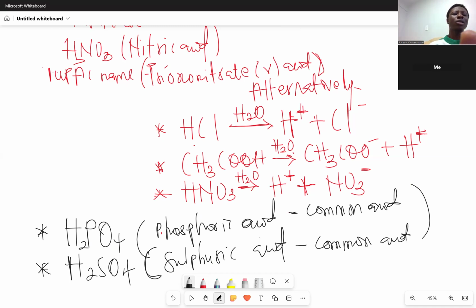What would be the oxidation number? Let me check something. Plus X, plus 4 times minus 2, equals 0. We have 3 plus X minus 8 equals 0.